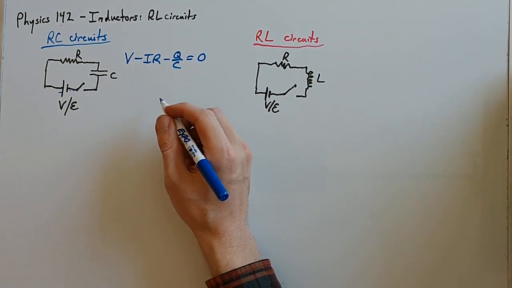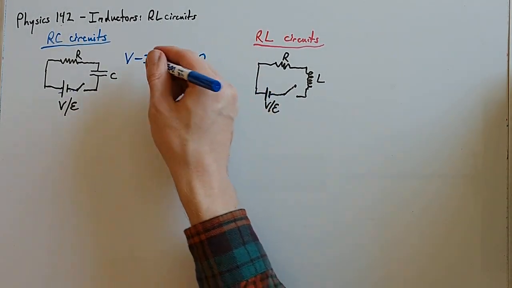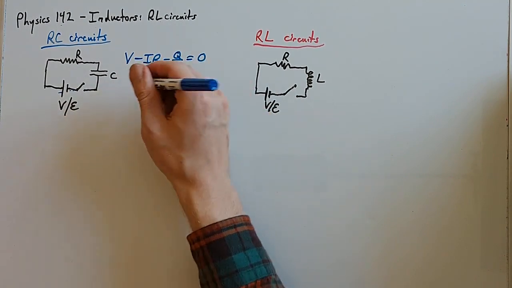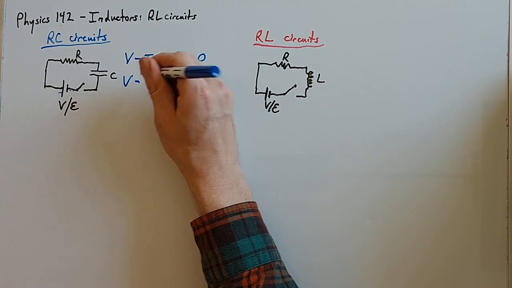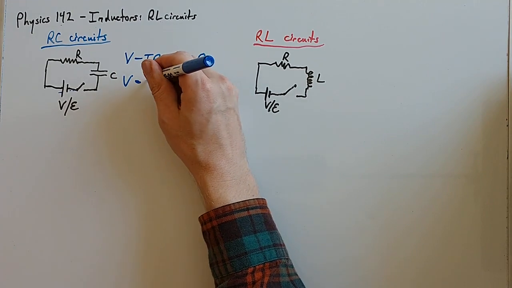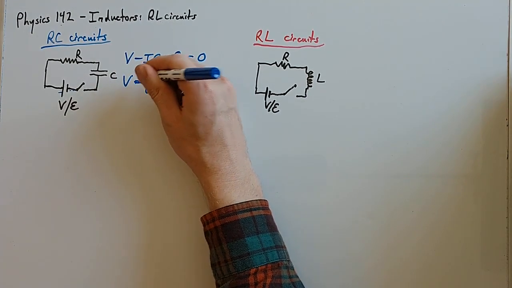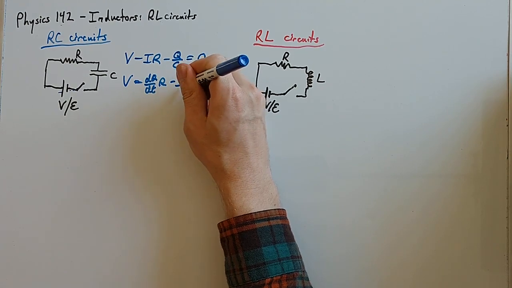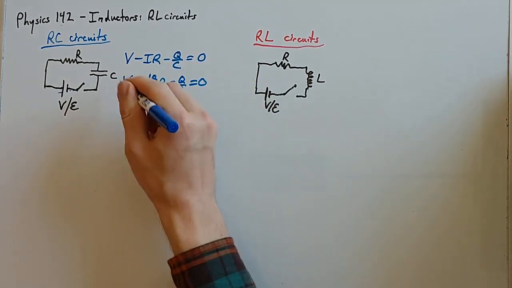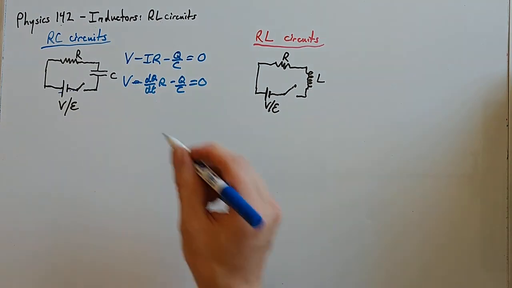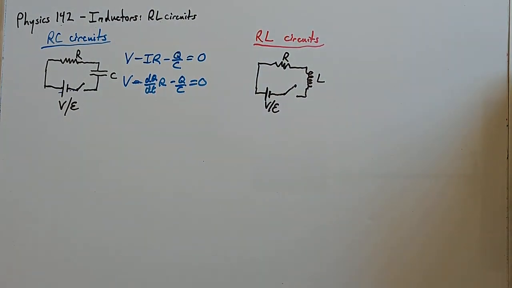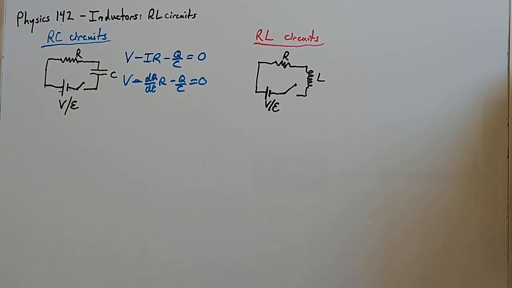And a cool thing that we were able to do is we said, well, I is just the change in Q, right? So we could write this as V minus dq/dt times R, minus q over C. And we realized that this was a differential equation, and we didn't actually solve it. We're going to leave that until you take diffy-Q.